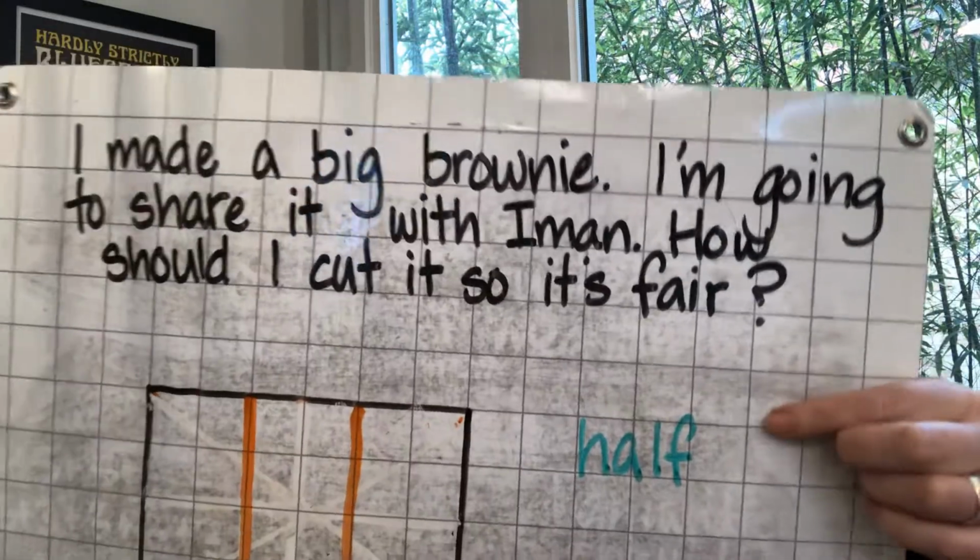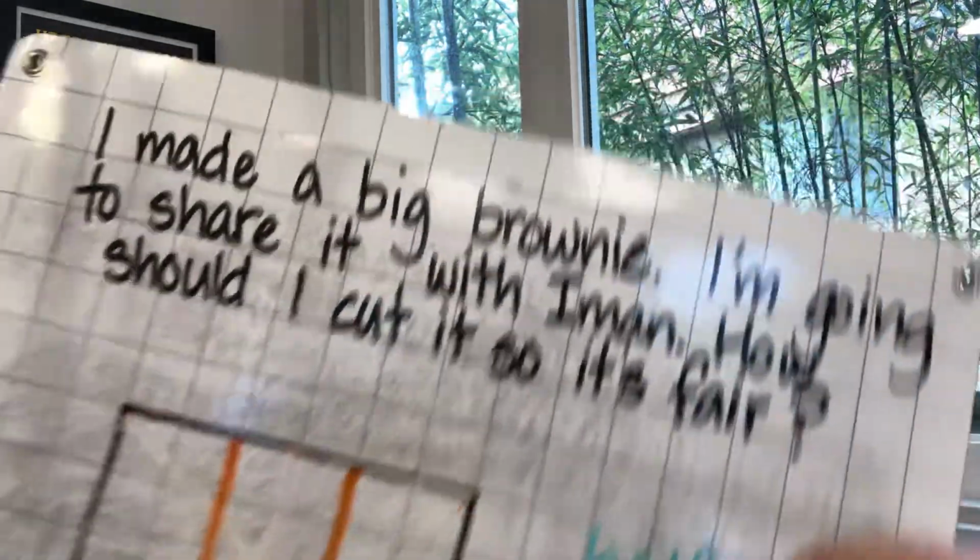Do you know what the word is for when you divide something into 3 parts? We know that when you divide it into 2, it's called half. Do you know what it's called when you divide it into 3? It's kind of a funny word, but you know this word because we've talked about it with the calendar actually. It's called thirds.